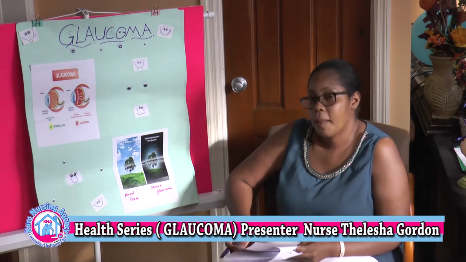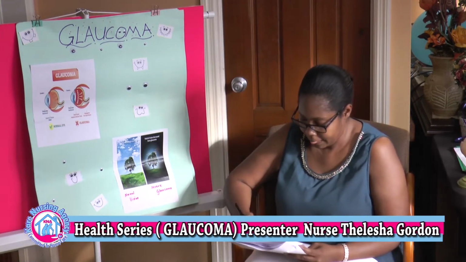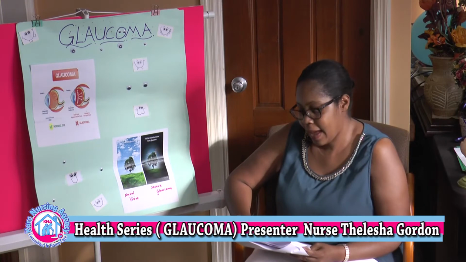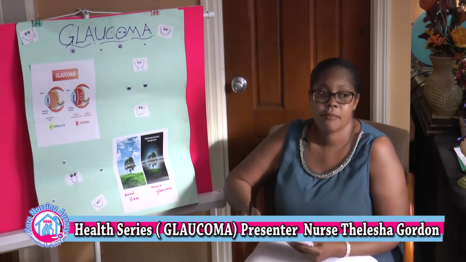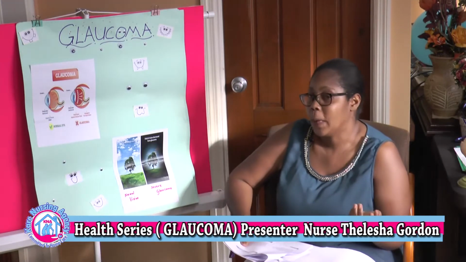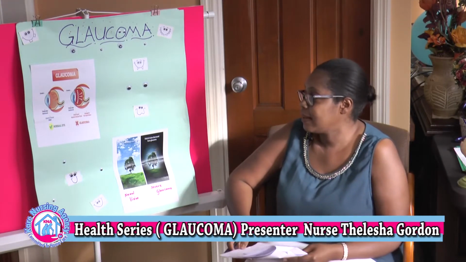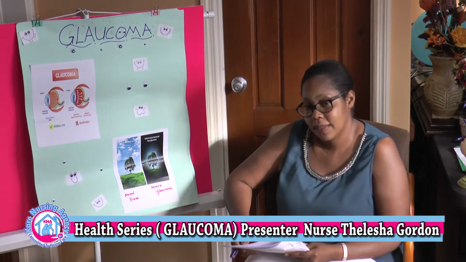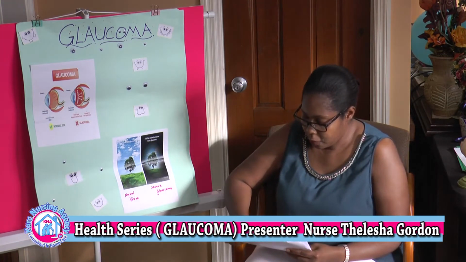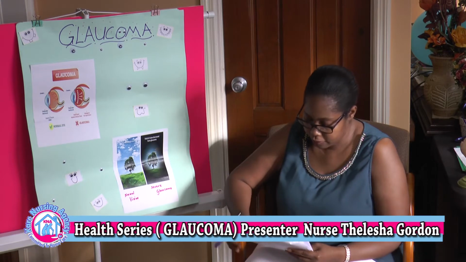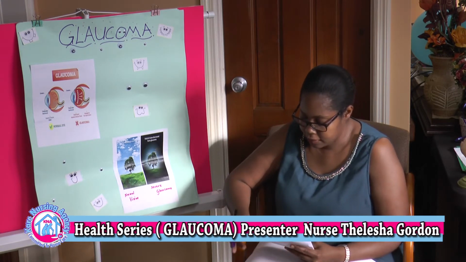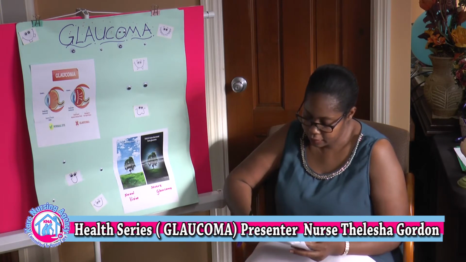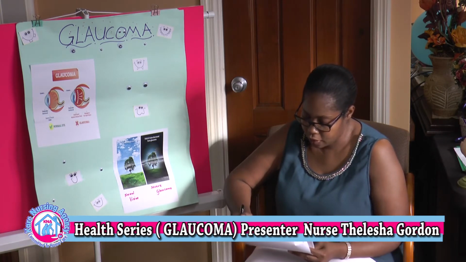There is also normal tension glaucoma, and this one is sometimes difficult to diagnose because the pressure in the eye is normal, but you're still seeing some damage done to the optic nerve. Glaucoma occurs in the presence of a raised mean intraocular pressure during testing. There may be presence of optic nerve damage or an open angle between the iris and the cornea.